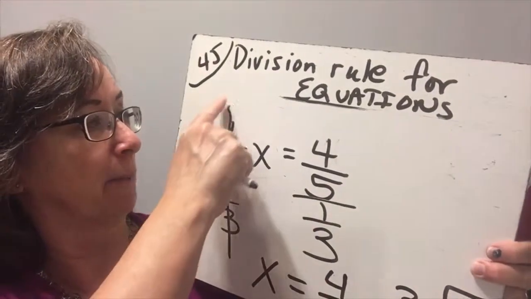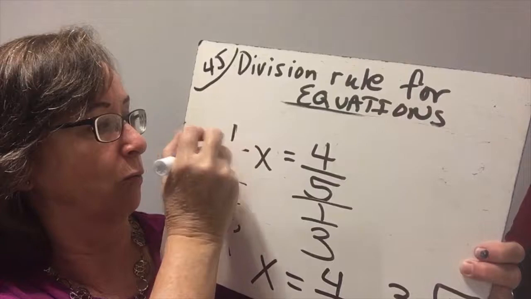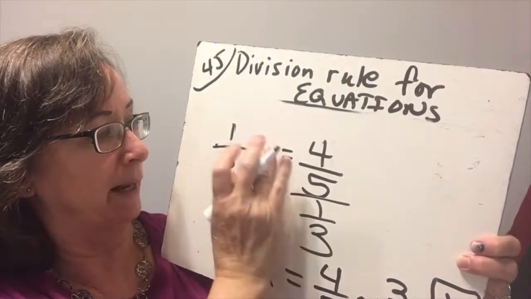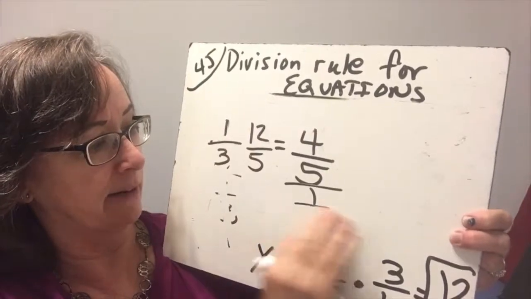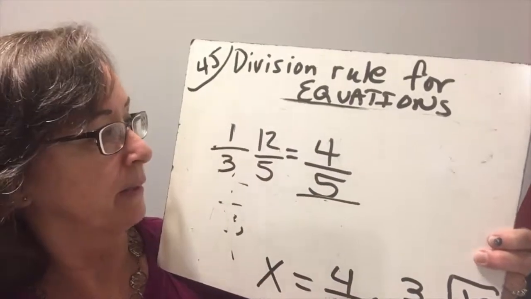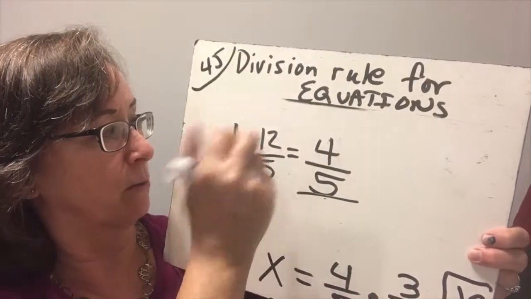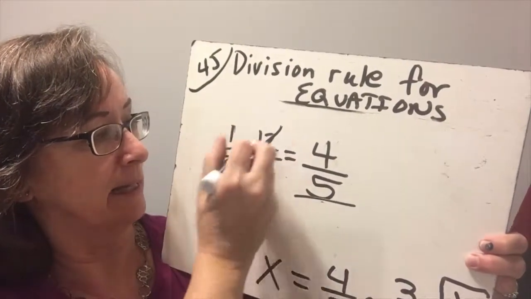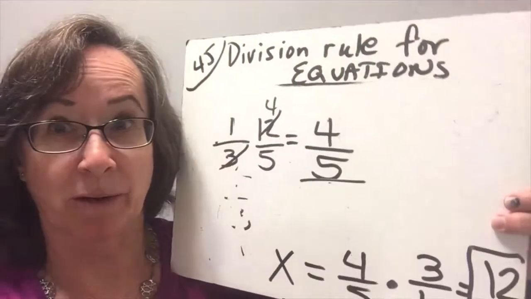Okay, so if I plugged it back in here, and I went back to 1/3, and then I made this 12/5, and I erased this down here, would it be true? So now I have 12 divided by the 4, by the 3 is the 4, and we get 4/5. So it works.